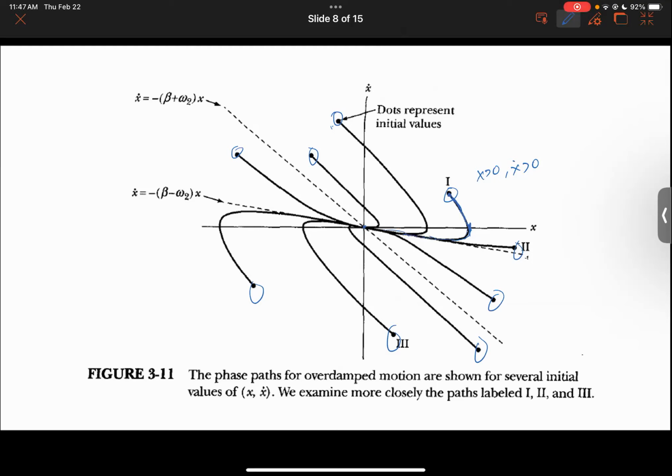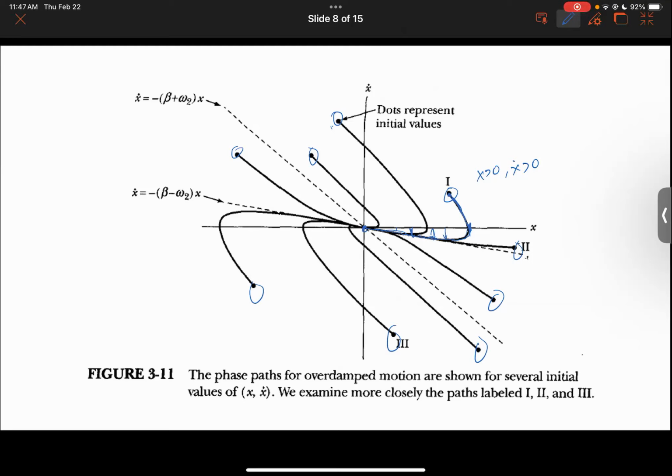But pagdating sa equilibrium position, mapapansin nyo na yung magnitude ng velocity, yung speed also decreases. Okay? Lumiliit yung amplitude, which implies na yung speed ay nagdi-decrease habang nagdi-decrease yung position niya. So at pagdating niya sa point na to, 0 na yung velocity and 0 na rin yung position.